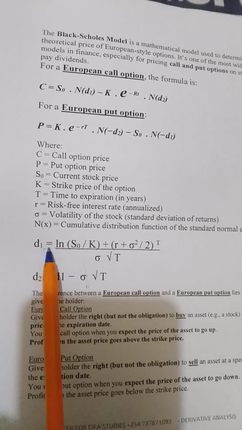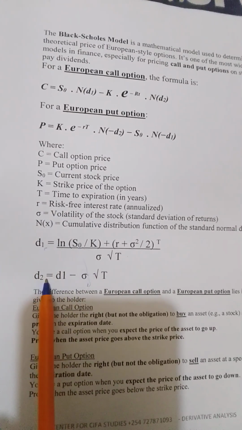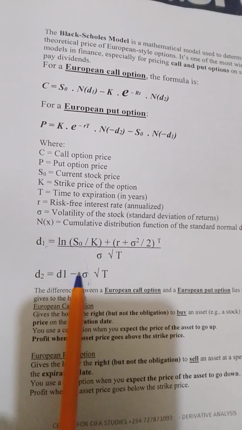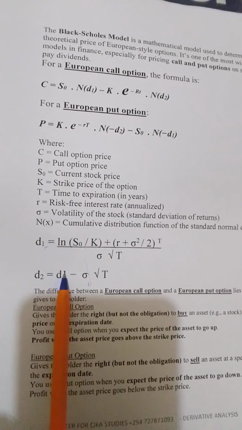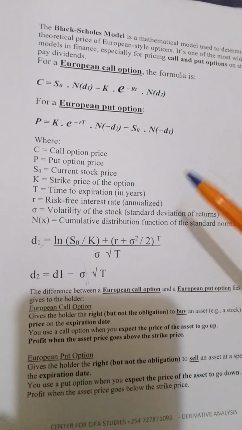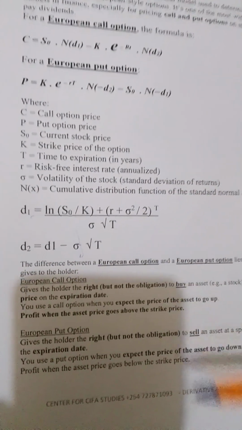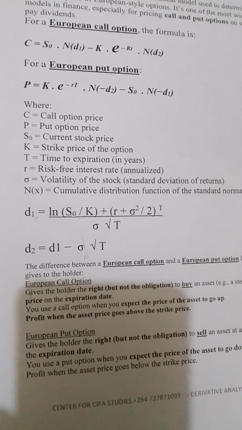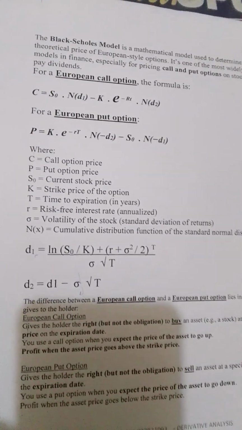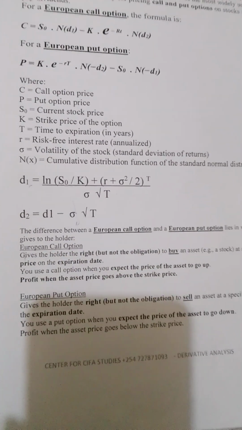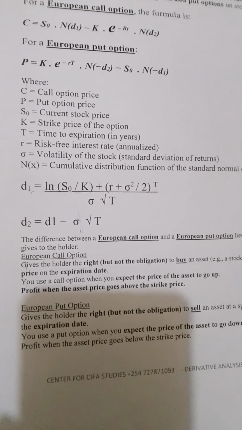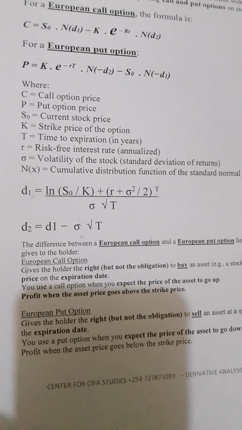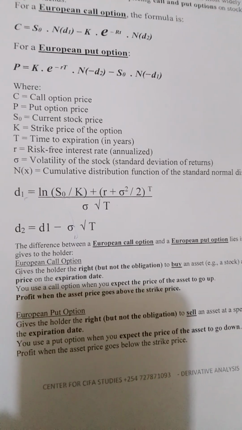Understand how to calculate D1, D2, then how to read the ND1 and ND2 from the table. You can as well calculate the values using your calculator. I think I showed you some time back how to calculate those values using your calculator.